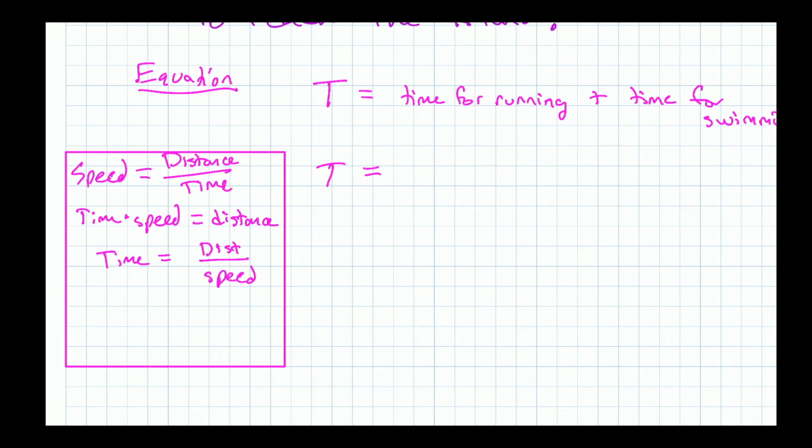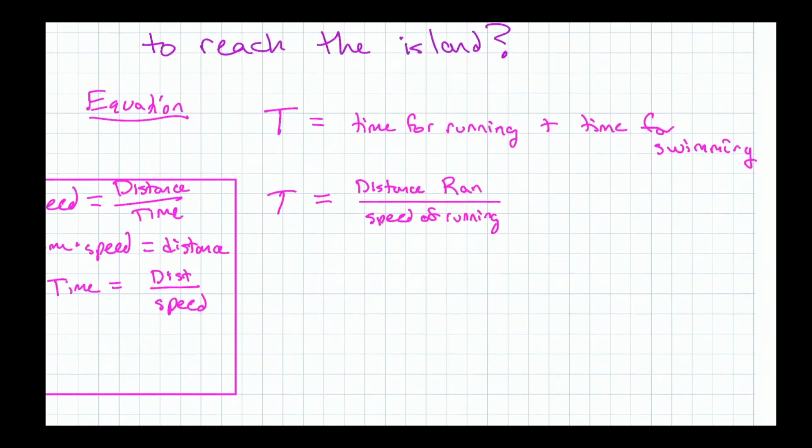Okay, so if we want the time for running and the time for swimming, the time for running is going to be the distance ran, right, divided by the speed of running. Does that make sense? That's how much time it'll take.